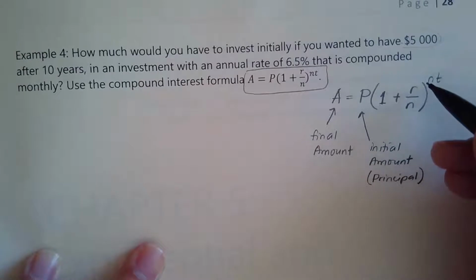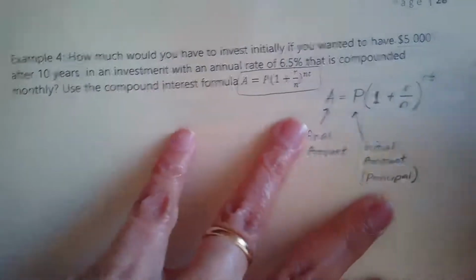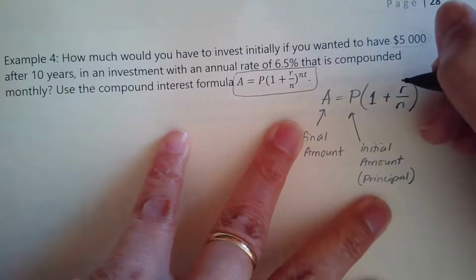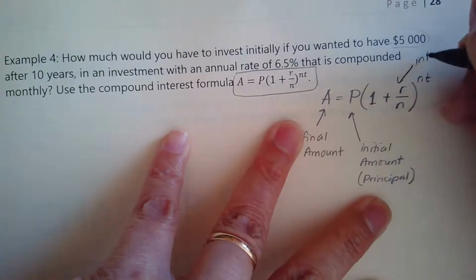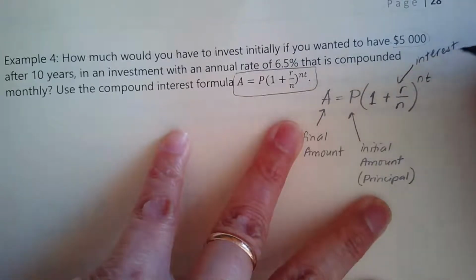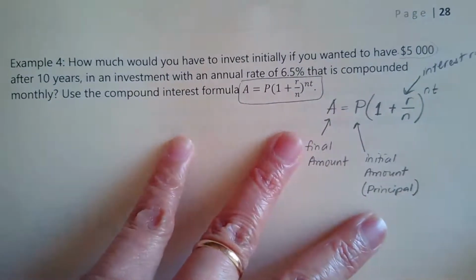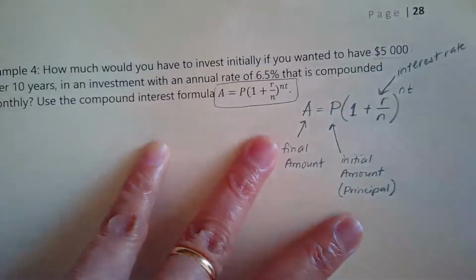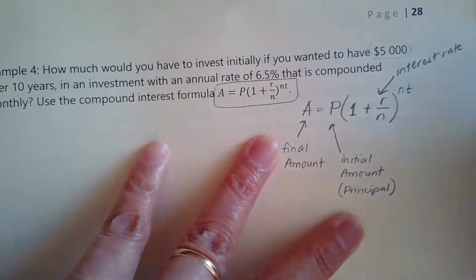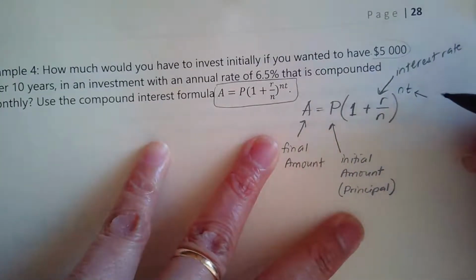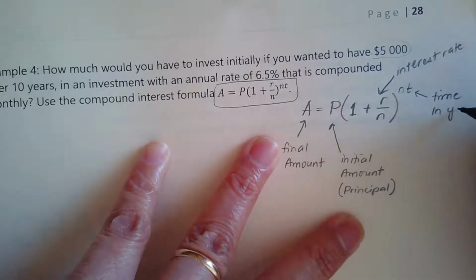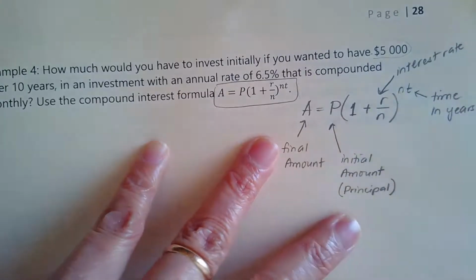R is the rate of interest, the interest rate. And then N, and then the T. You'll probably know T is the time. In this particular case, it's expressed in years.